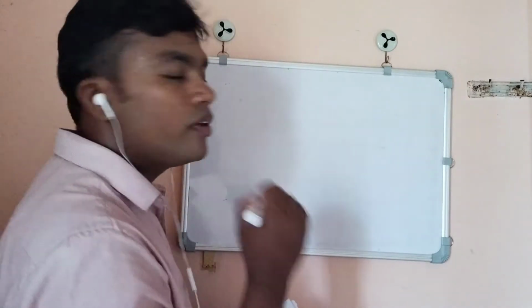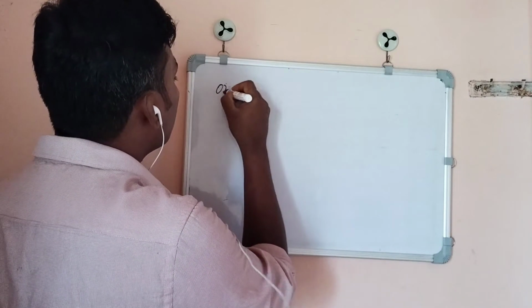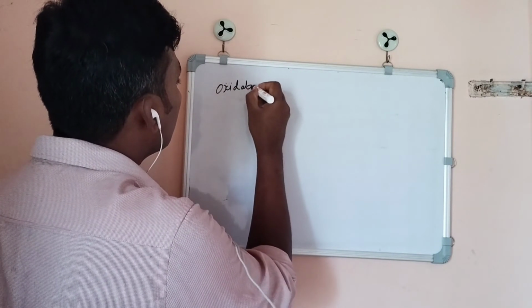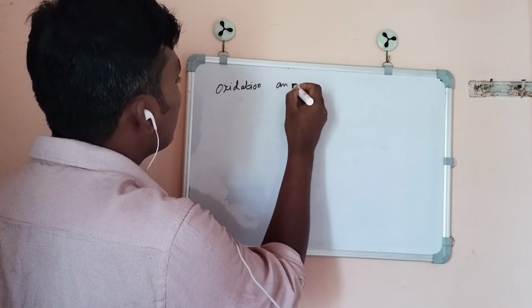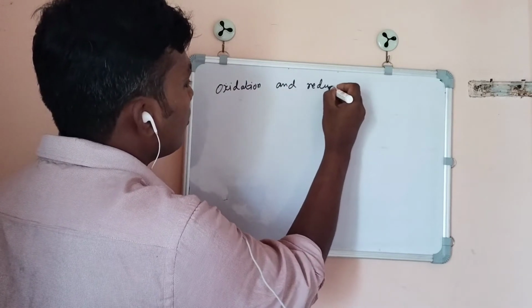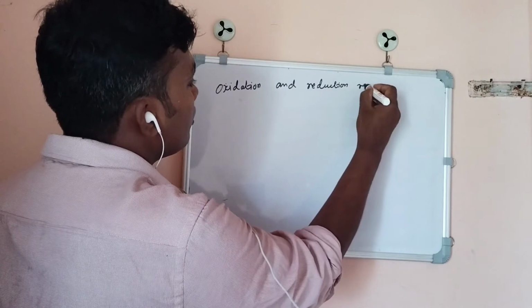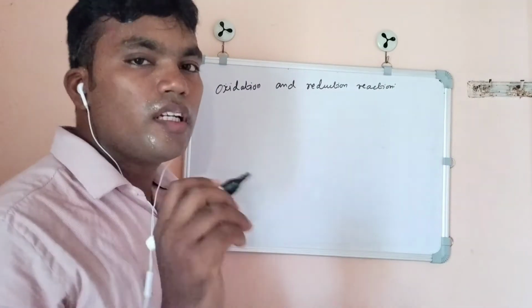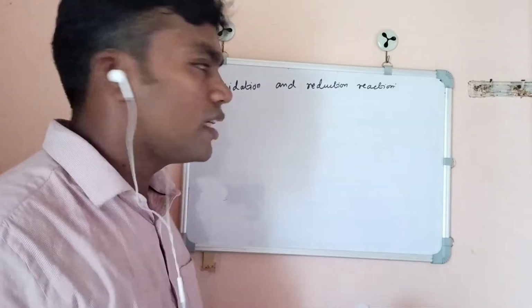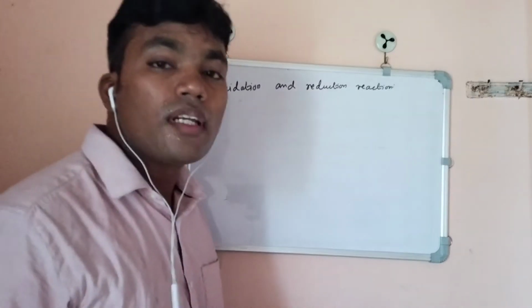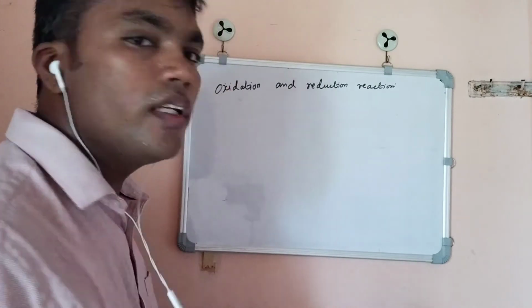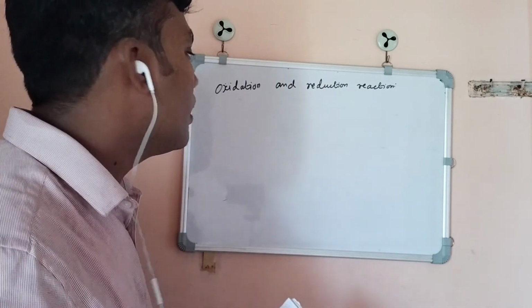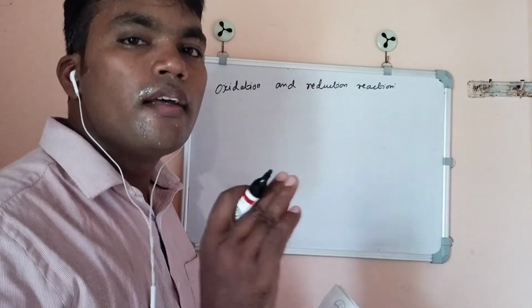Now you are going to learn about oxidation and reduction reactions. In your book you can see one example with a clear picture. Now you can open your book and see the example.